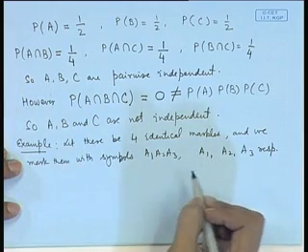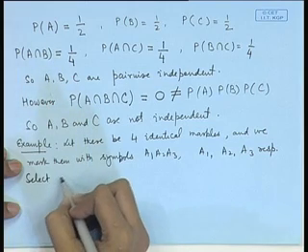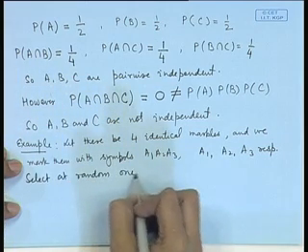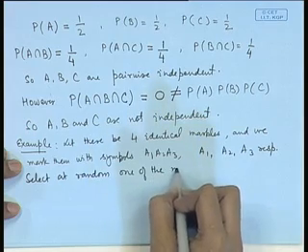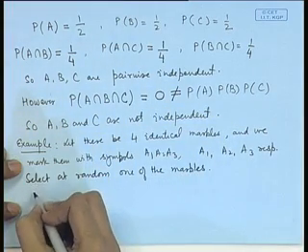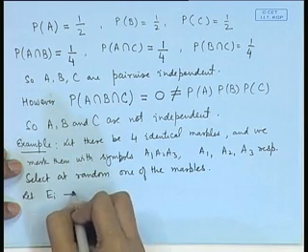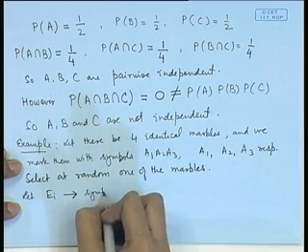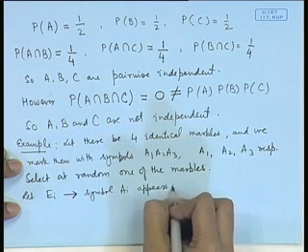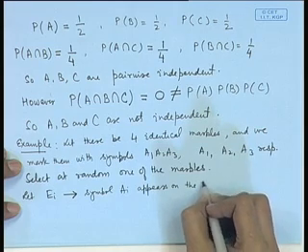We select at random one of the marbles. Let Ei denote the event that symbol Ai appears on the marble.